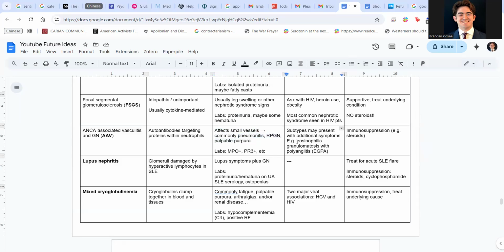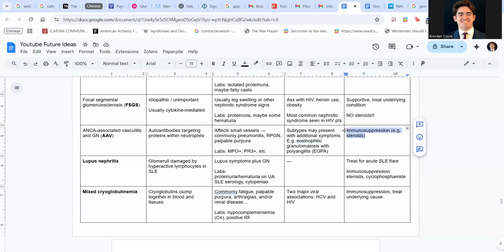So one example that they like to ask a lot is eosinophilic granulomatosis with polyangiitis, otherwise known as EGPA. In addition to glomerulonephritis or palpable purpura, these patients will also often have a history of asthma or sinusitis. So just think eosinophil allergies, right? So kind of AAV symptoms in an allergy-prone patient.